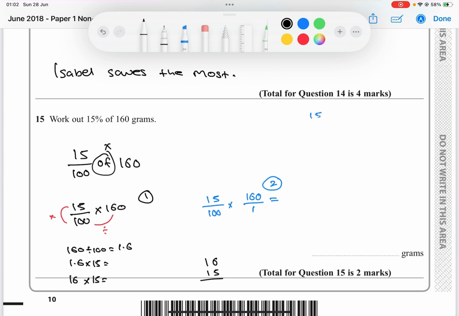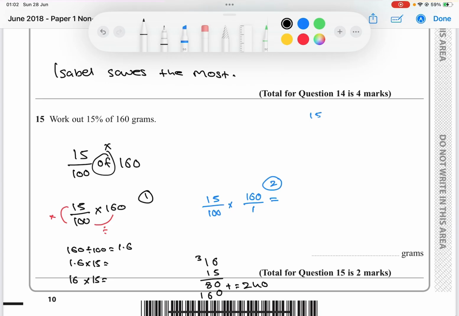Well, 5 times 5 is 25. 5 times 1 is 5, plus 2 is 7. Put a 0 here. 1 times 5 is 5. 1 times 1 is 1. Okay? Now if we add this, 150 plus 75 is 225.